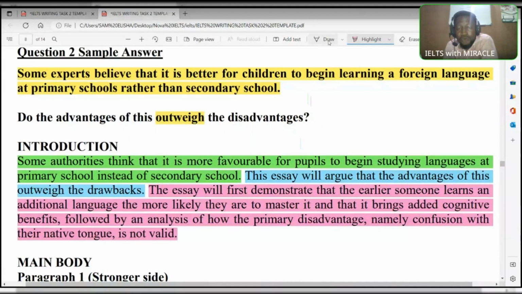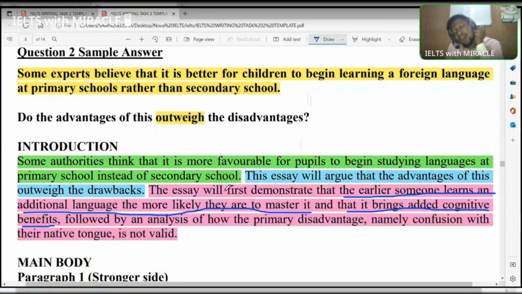So let's look at the first point. The earlier someone learns an additional language, the more likely they are to master it. And it brings cognitive benefits. So in the first paragraph, he will talk about how the earlier one starts studying a foreign language in primary school, the more likely they are to master it, and that learning a language as early as primary school brings added cognitive benefits.